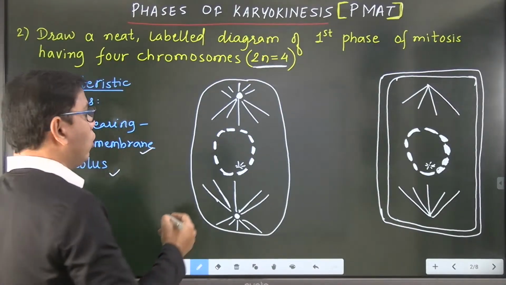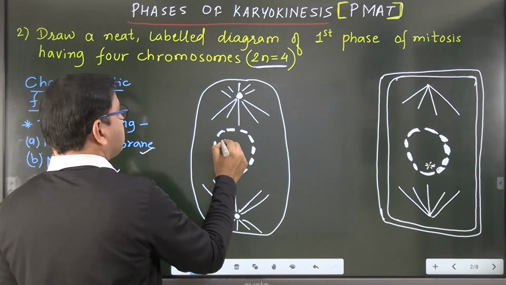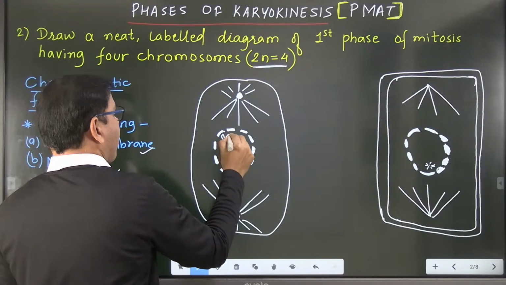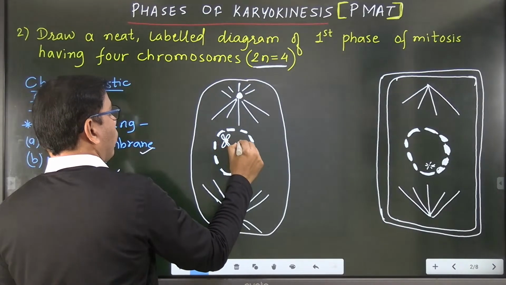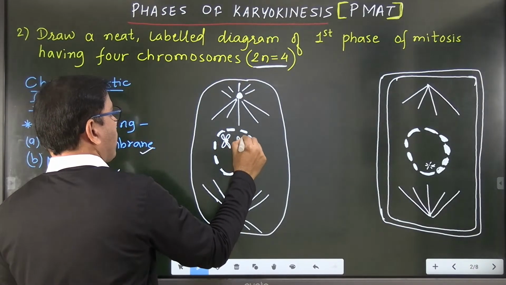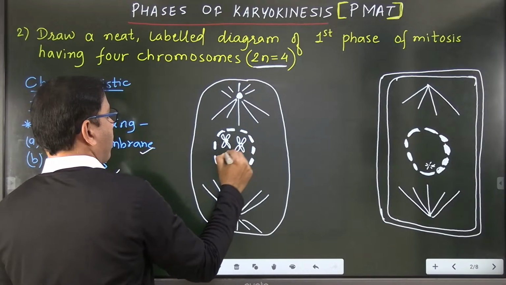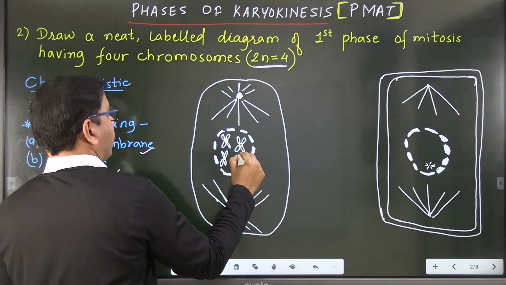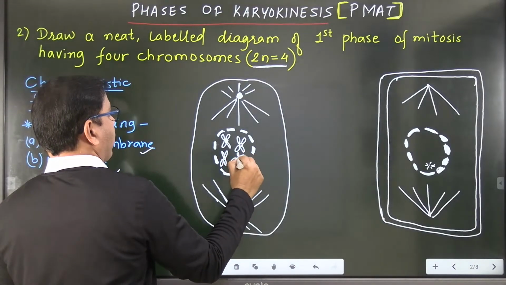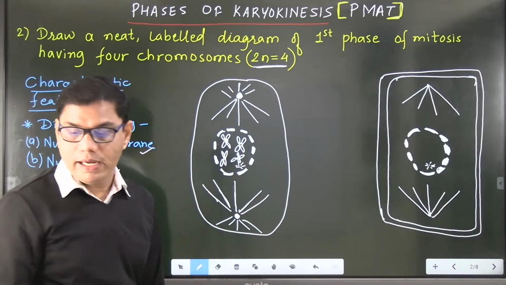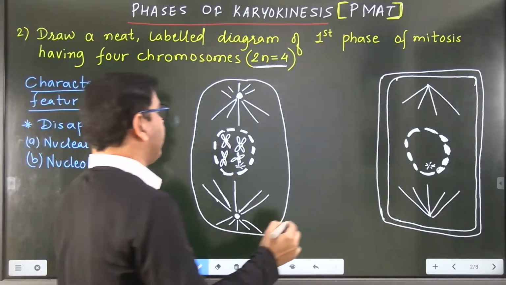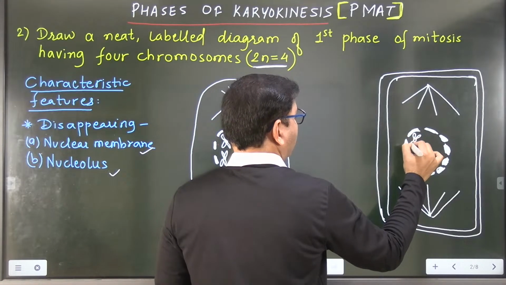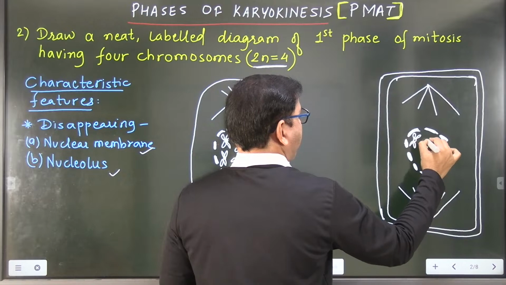Chromosomes are inside the nucleus. So this is my first chromosome, 1, 2, 3 and 4. If you have any problem with visibility, you can write in the chat box. 4 chromosomes.